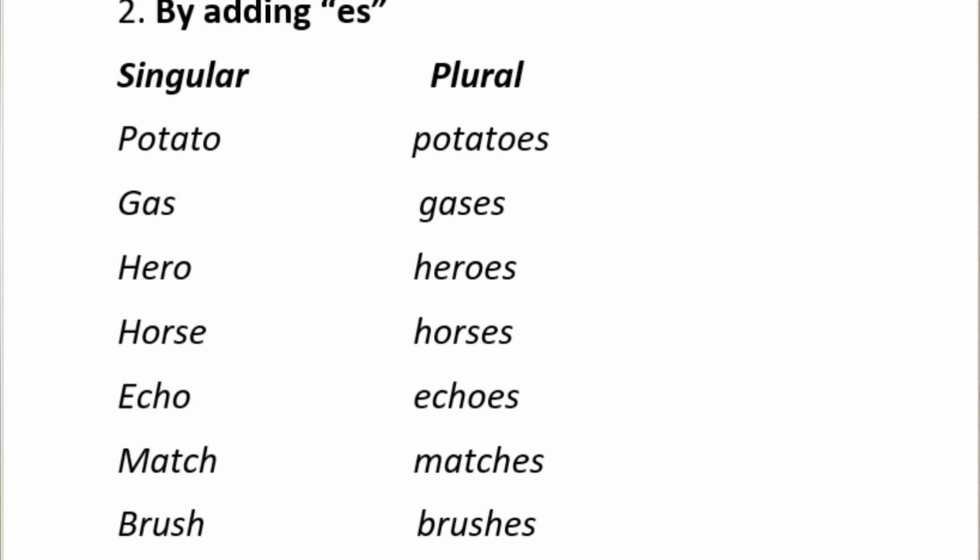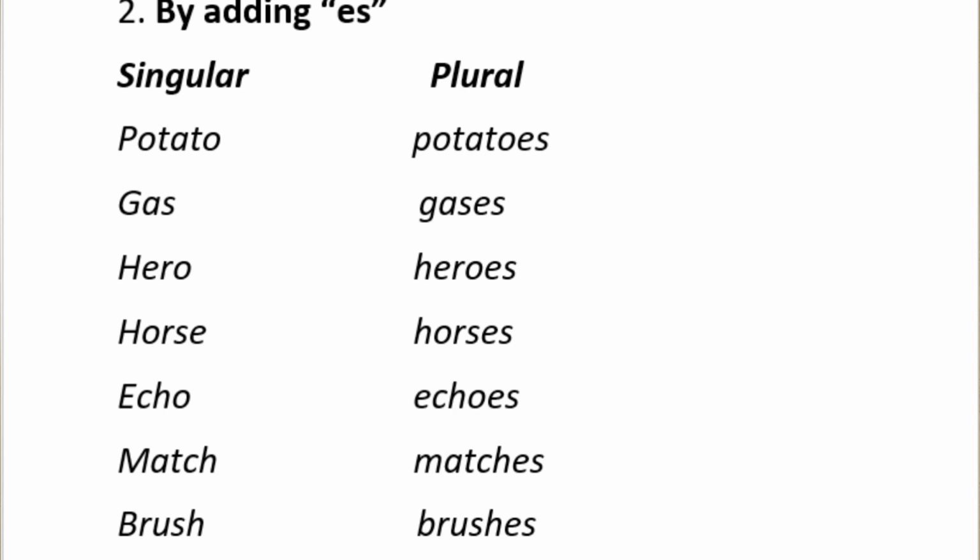So by the addition of es, what do we have now? We have potatoes, gases, heroes, horses, echoes, matches, brushes, tomatoes, and boxes.